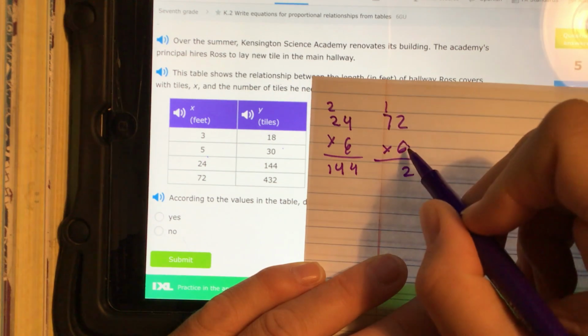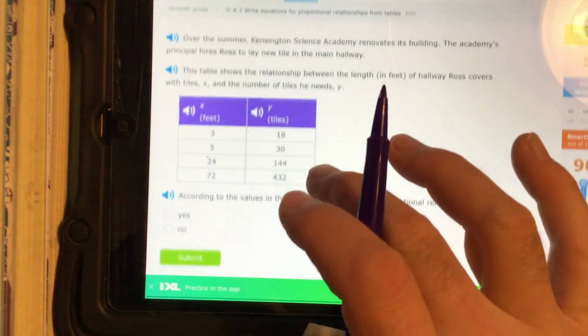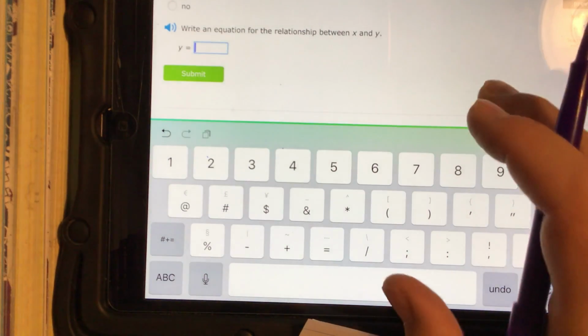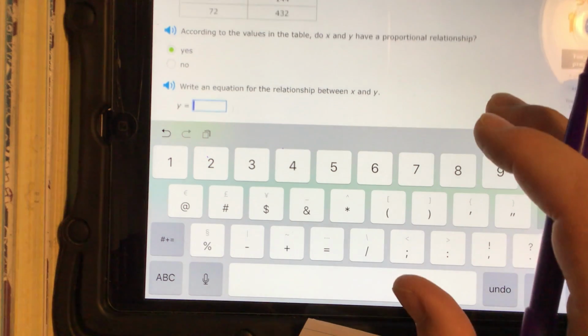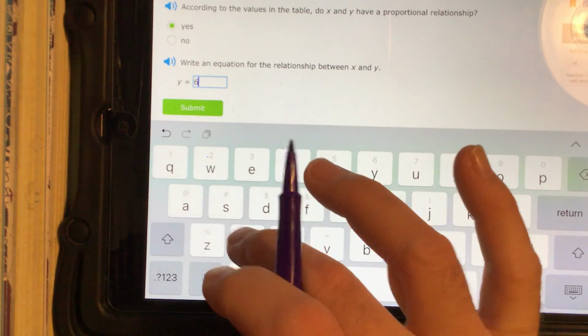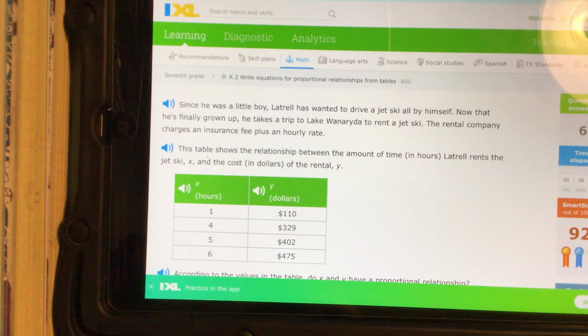That's 432. Aha, yes. It is proportional relationship. And they're going to say, well, what's happening to y? And we already said it's 6 times x. Okay? Boom, 92. I've made master's level.